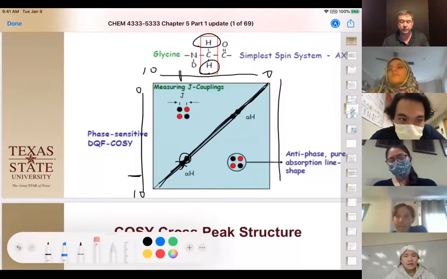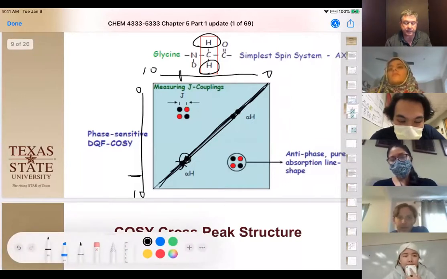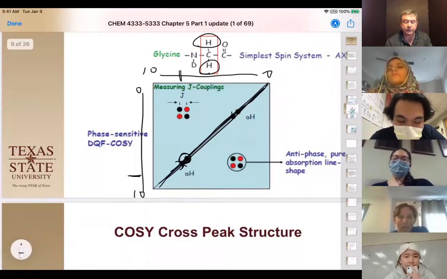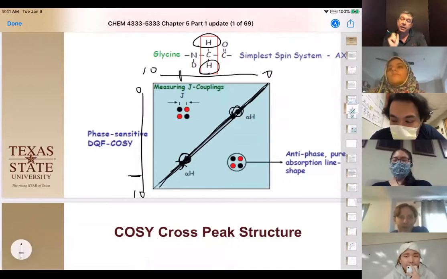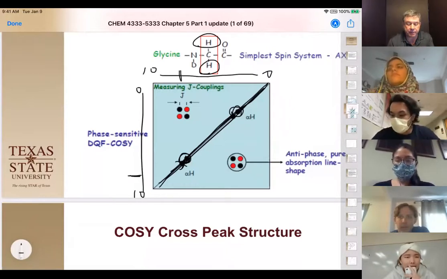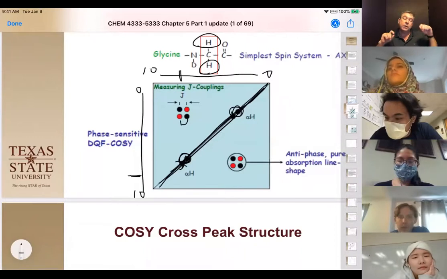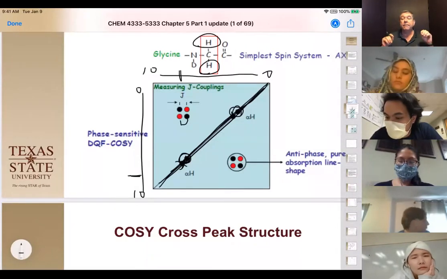So in this case, this geminal hydrogen is different from this geminal hydrogen by X amount of coupling constant, but then the coupling constant between them is measured by looking at this. Notice there are 2 black dots and 2 red dots. Those dots indicate phase.